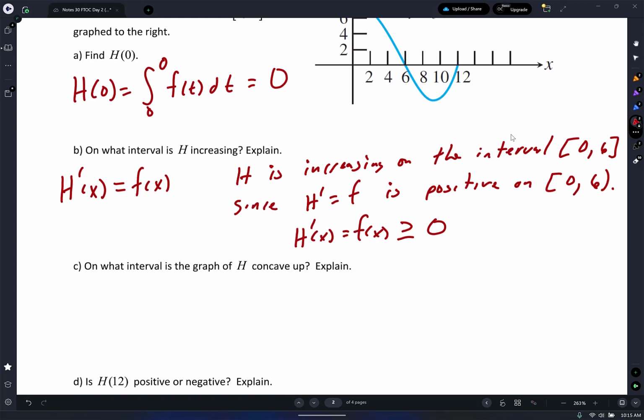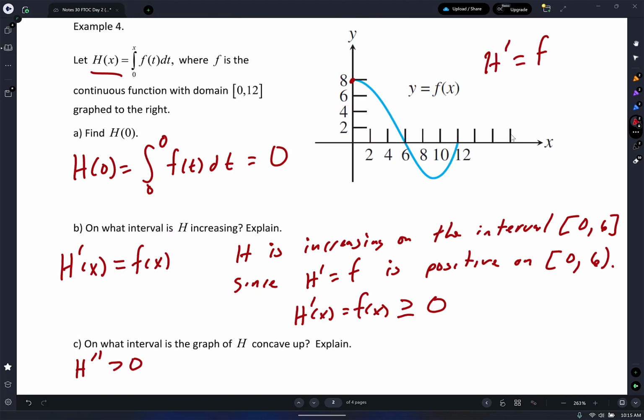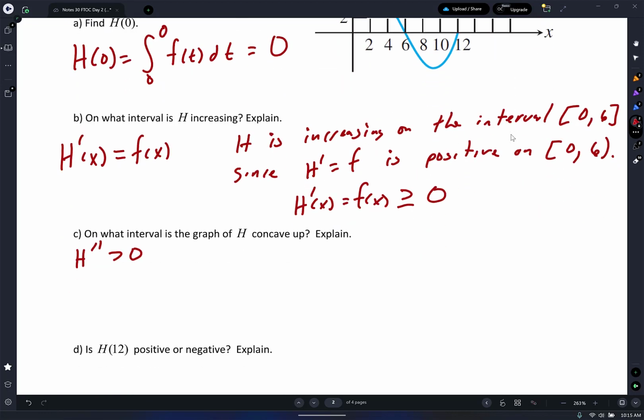All right. What intervals is the graph of h concave up? Well, you can either say where h prime prime is positive, which is the same thing as saying, you always want to use the graph they give you, where h prime is increasing. So here's what I'm going to write. H is concave up on the interval, and this you want to use parentheses.